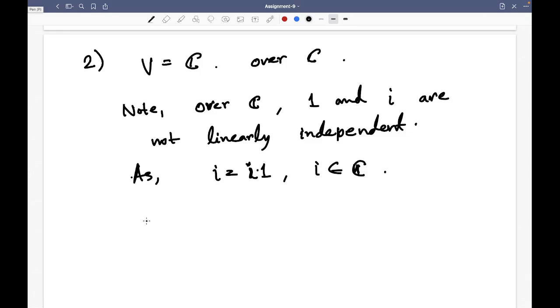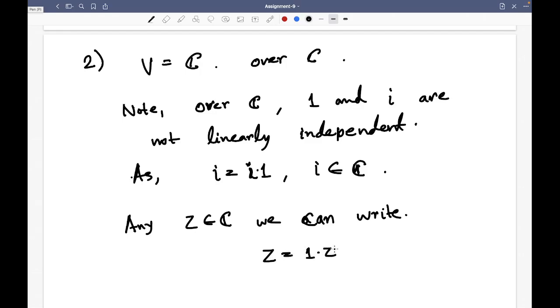Therefore over C, any z in C we can write as 1 times z, where 1 is a real number which is a subset of C, right?